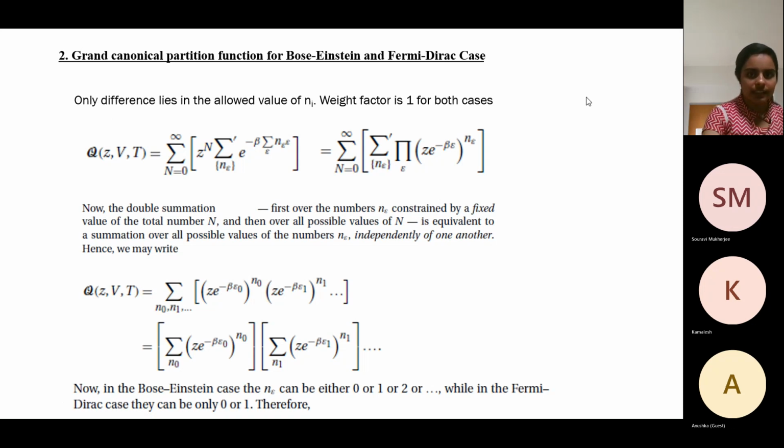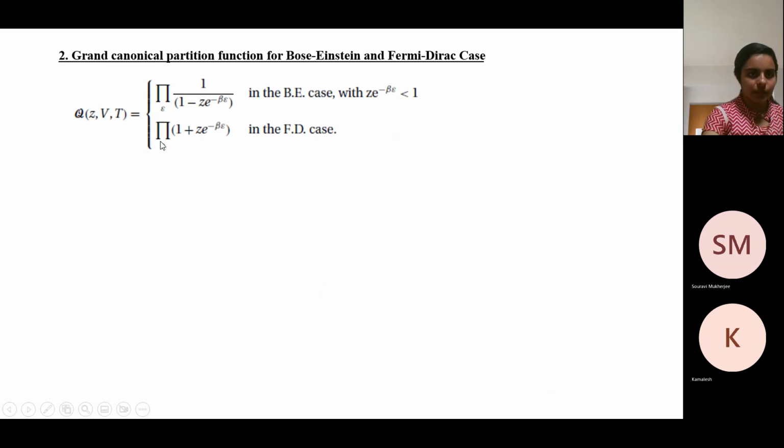It is proportional to this z e to the power minus beta epsilon term, right? Because the partition function is in a way a summation of all those terms. So the P n value that we are trying to look at now is proportional to z e to the power minus beta epsilon, and then we have to normalize using the final expression for the partition function, right?